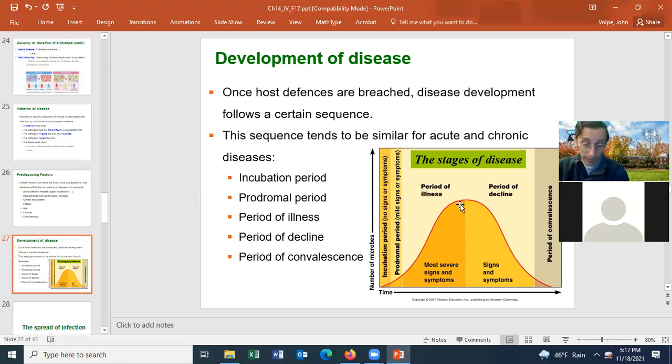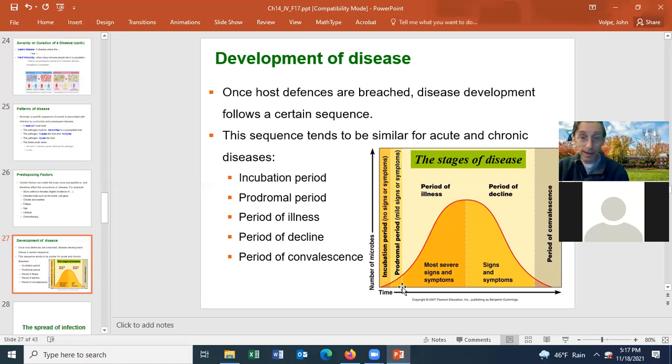And it used to be that AIDS patients entered the period of illness and then they died. Nowadays, they can take medication and live for a long period. And they can actually leave the period of illness and go into a period of decline. There are at least some patients who even enter the period of convalescence.